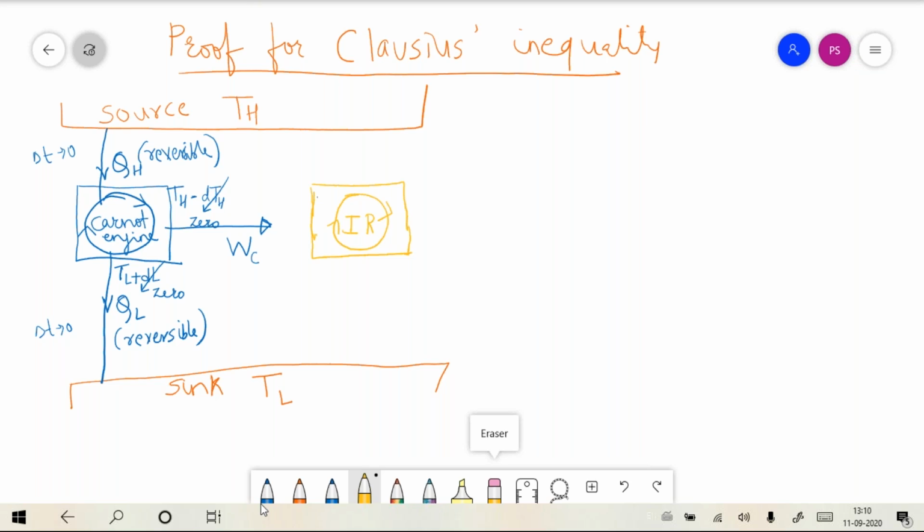What this engine is doing is accepting heat from the source, and let us say that it is accepting the same quantity of heat QH.